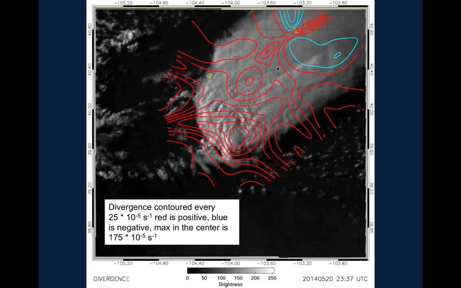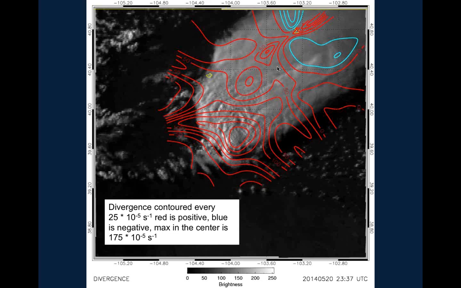And I'm going to show some loops. I have several more slides left on this same subject, and then my talk will be over. But what we're seeing is you can actually watch the divergence increase and decrease as a function of time. We've noticed that when the divergence is very strong, it seems to correlate very nicely to the cycling of the supercell.